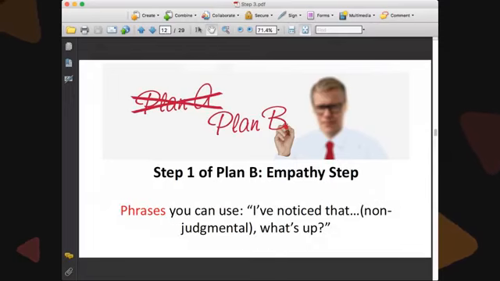With Plan B, there are different opening statements that you can use to start the conversation. One that's used often is, "I've noticed that...", and then you say, "What's up?" It's a non-judgmental way to say that you've observed something, but you're not putting judgment words in there.